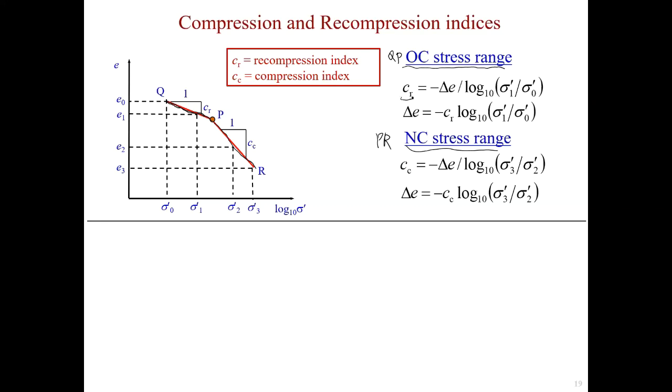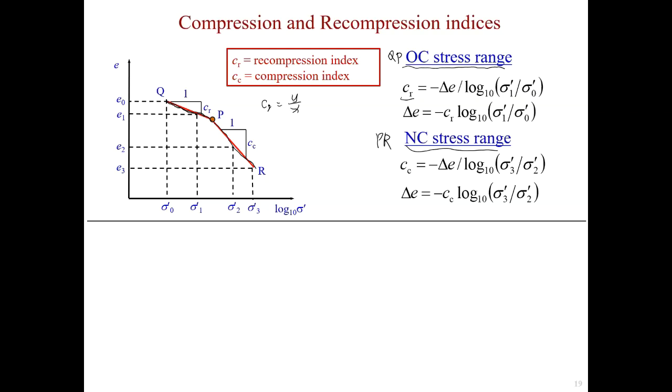So CR will be the change in the void ratio divided by the change in the vertical effective stress. So CR equals negative ΔE divided by log10 of sigma 1 prime minus sigma O prime. That's the definition of the gradient. Is that clear? CR will be equal to Y divided by X, the gradient of this curve.